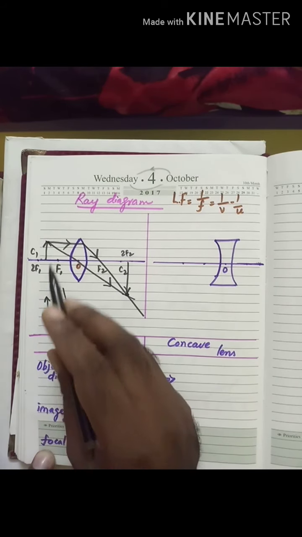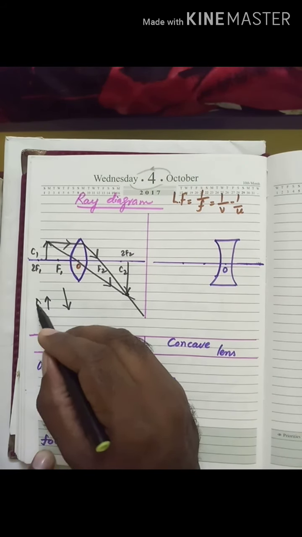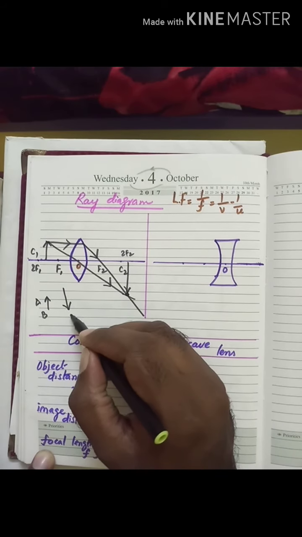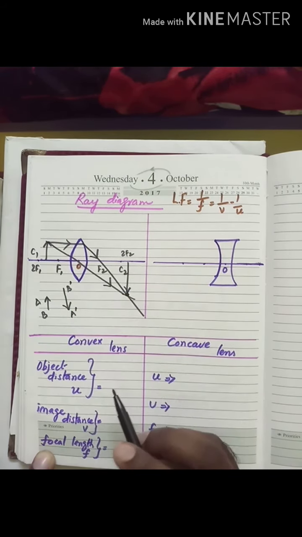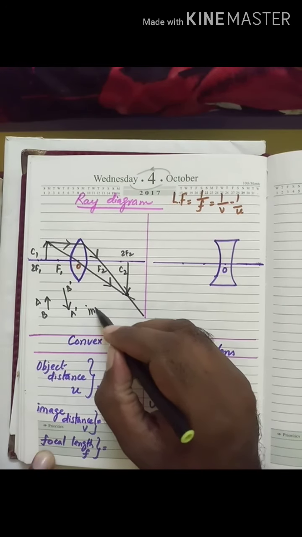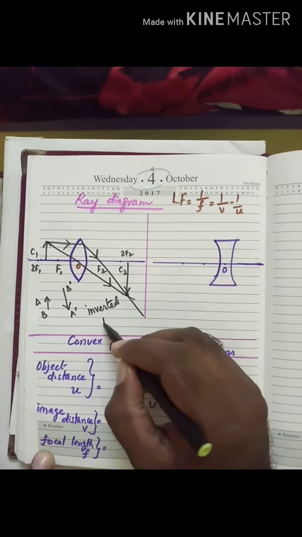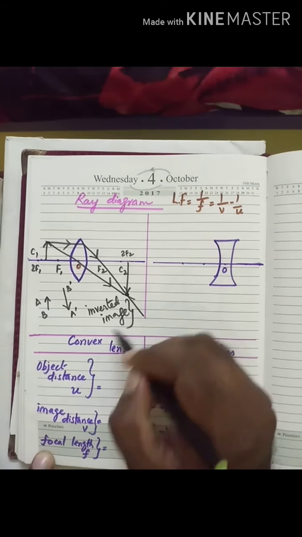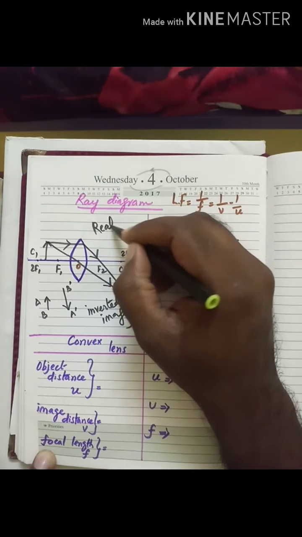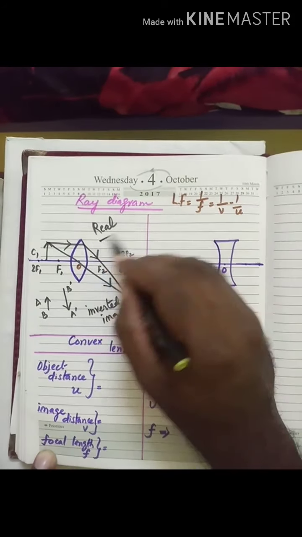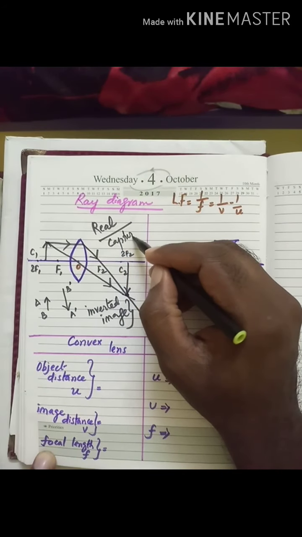One more thing, the object is like this, AB, and the image has become like this, A dash B dash. That is, an inverted image will always be formed in the convex lens. Not only that, the images are also real. Real means we can easily capture them on the screen.